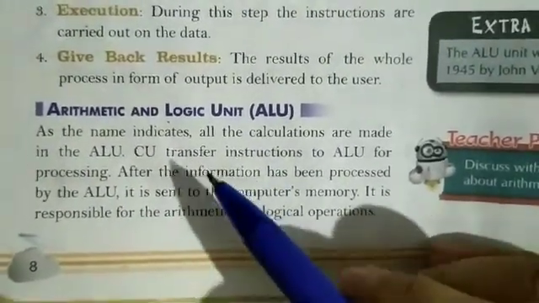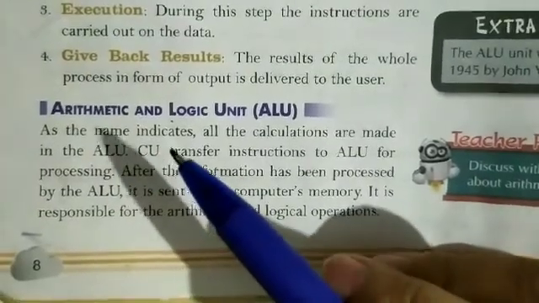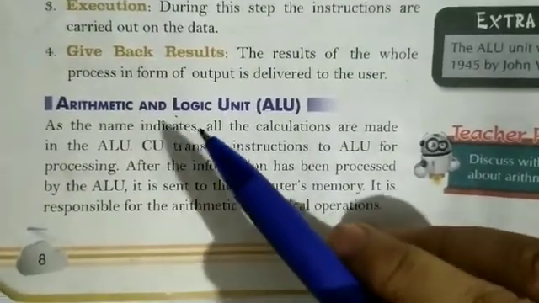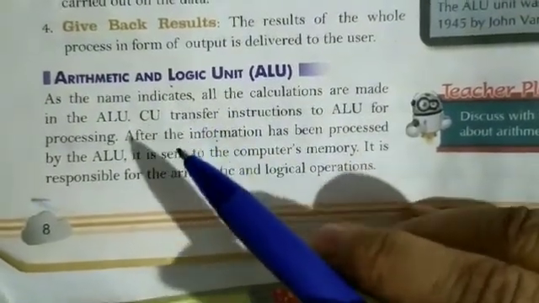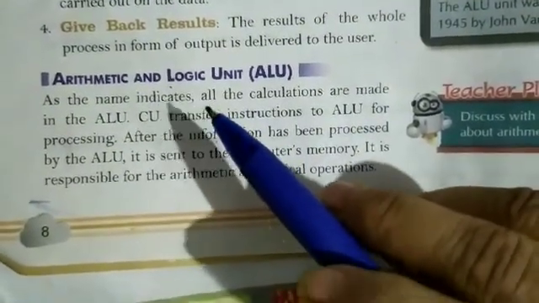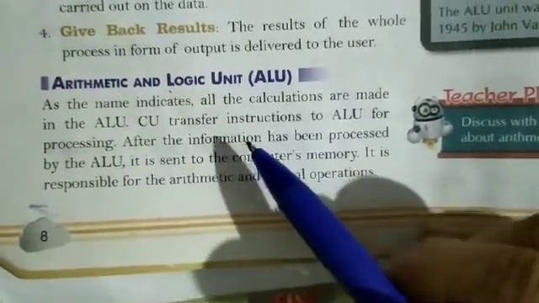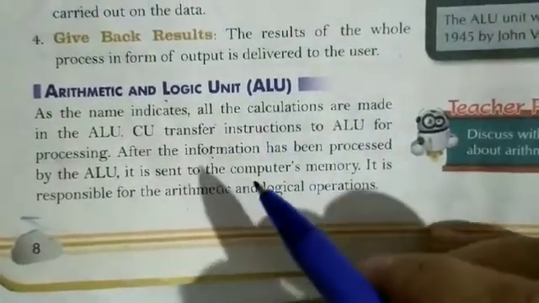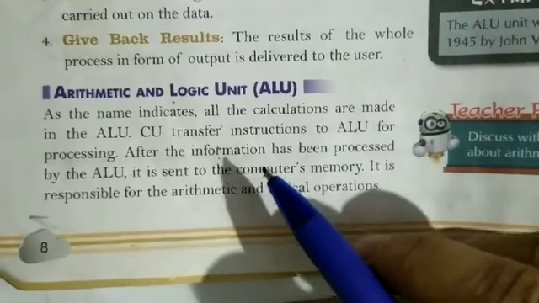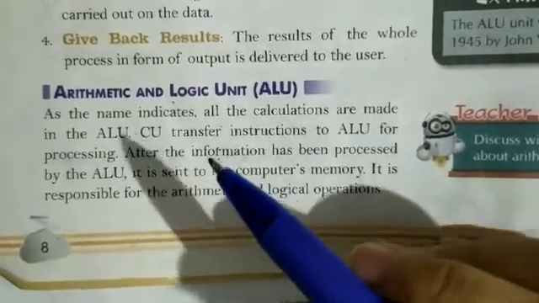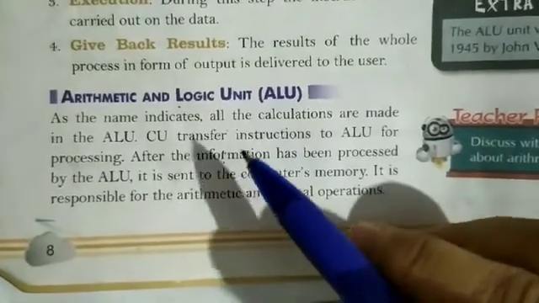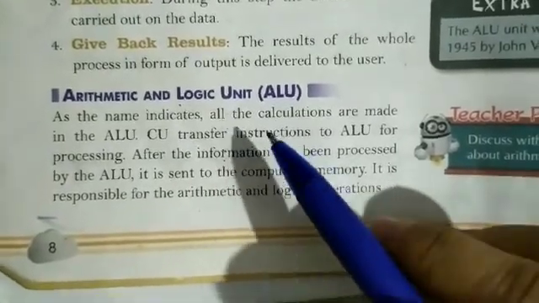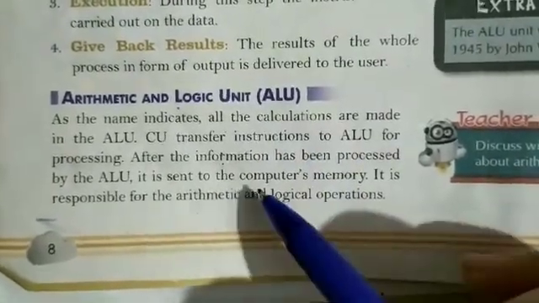What is the purpose of ALU? ALU, or arithmetic logical unit, enables the computer to perform mathematical operations on binary numbers. As you know, computer knows only machine language, which is also known as binary language or binary numbers. It consists of 0 and 1 digits, and the computer understands only this language.